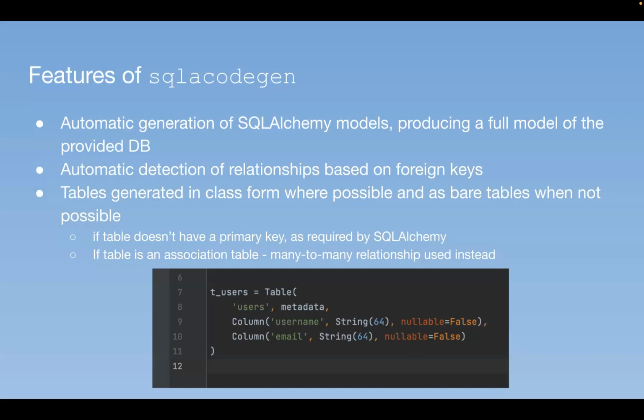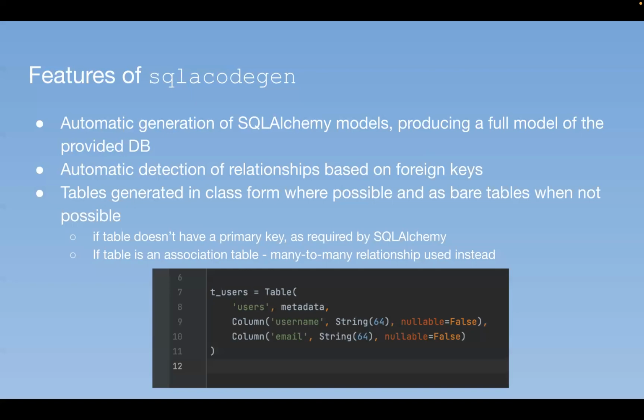The other scenario is if the table is an association table. That means it's essentially just a link table between two others, and the criteria for that are if it has exactly two foreign keys and no other fields. In that scenario, it won't generate a full table in the class style that we're more used to.